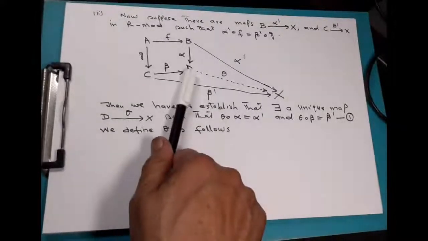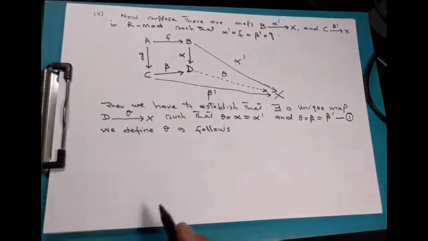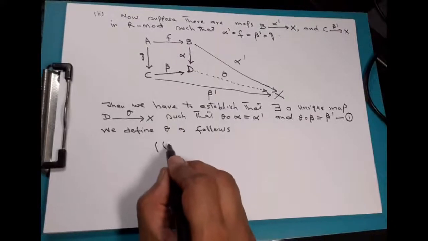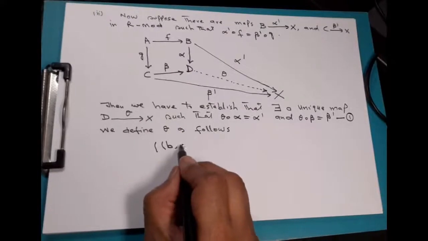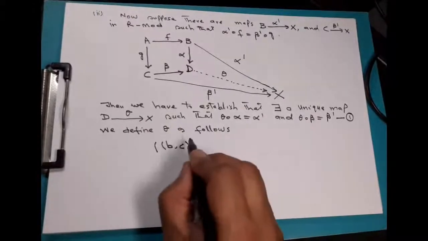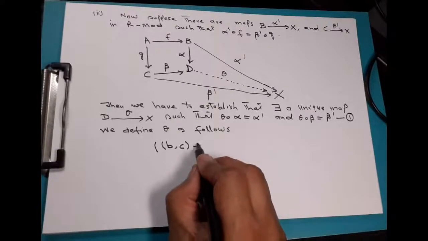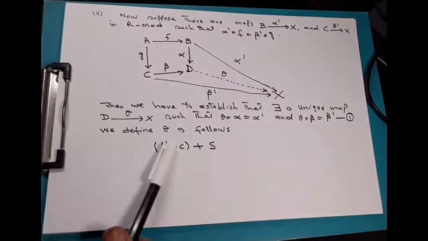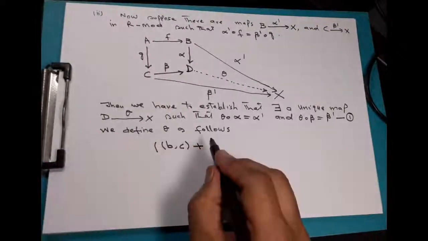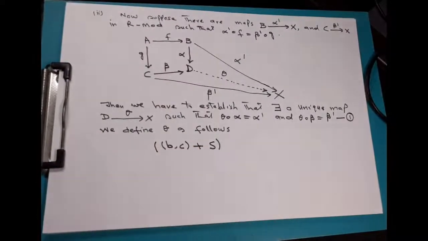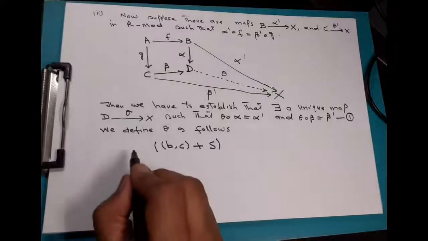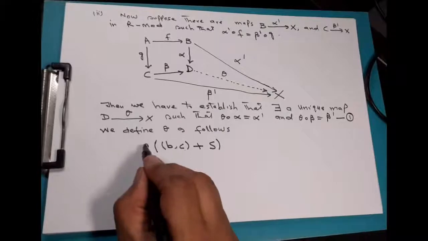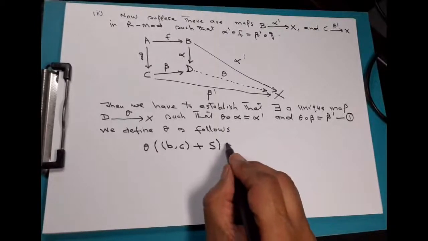So a typical element of D will be of this form: the coset of (b, c) with S. So this will be a typical element of D. So we have to see the effect of theta on this, and this is the way we are going to define this effect.